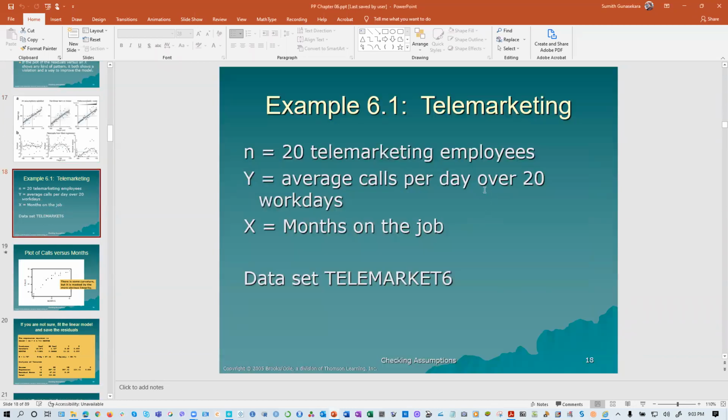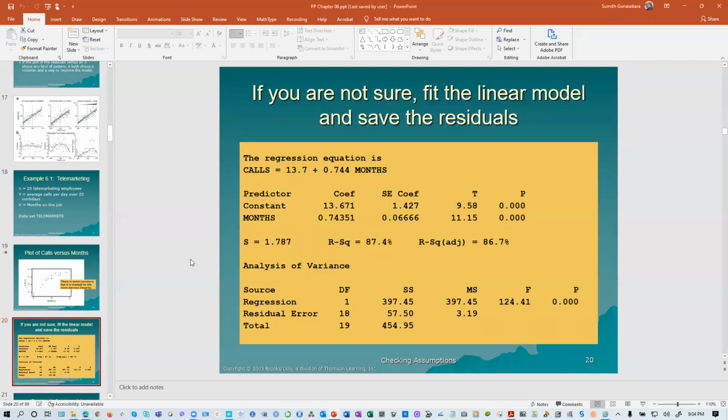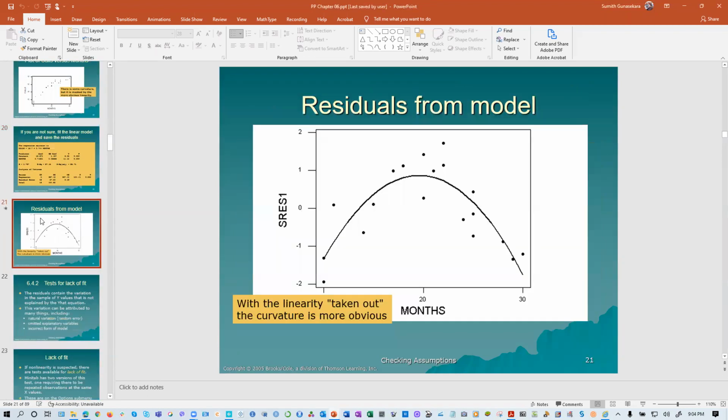So look at this example: 20 telemarketing employees, average calls per day, months on the job, Telemarket 6. We got this one. You can see there's some curvature, but it is masked by the more obvious linearity. It is masked, but still you can figure it out, and remember how we tackled this one. Later on we fit it, then get the residual versus that one, and see how it works.